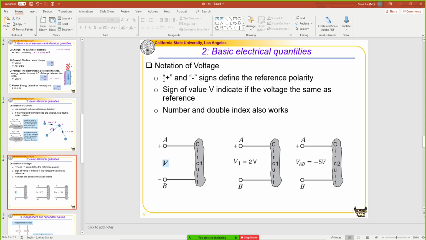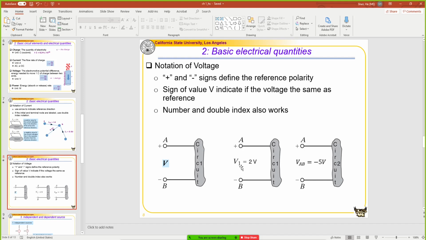So this is why we need to use the plus minus sign to define the reference polarity. Now on top of that, we can put a value over there to represent what the difference is. So we can write it as V1 is equal to 2 volts. It means that A is higher than B by 2 volts. You can also say that the voltage between node A and B is equal to 2 volts.